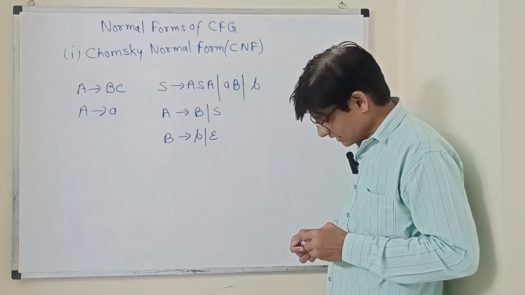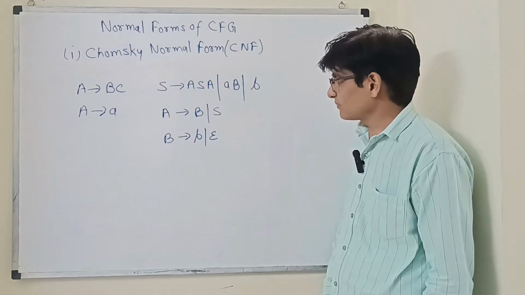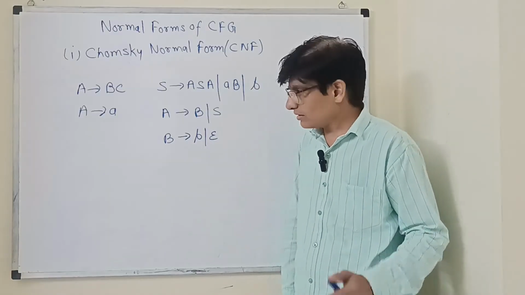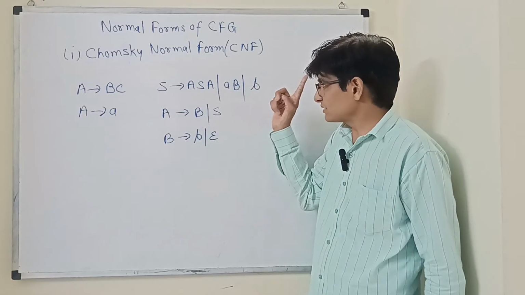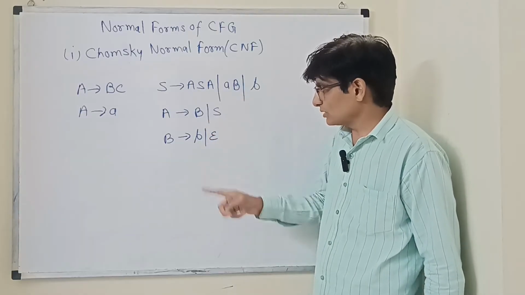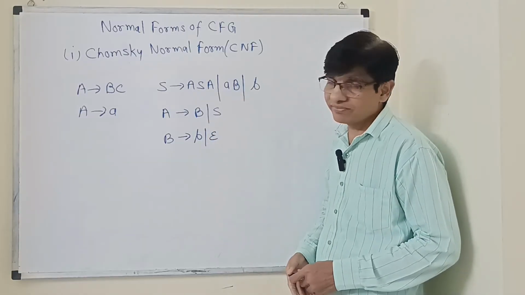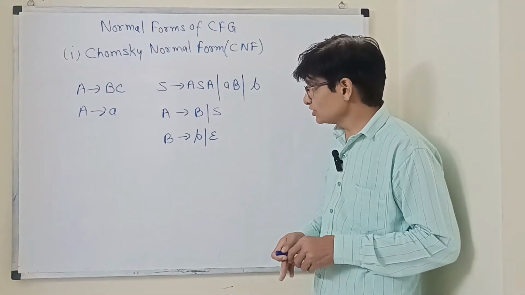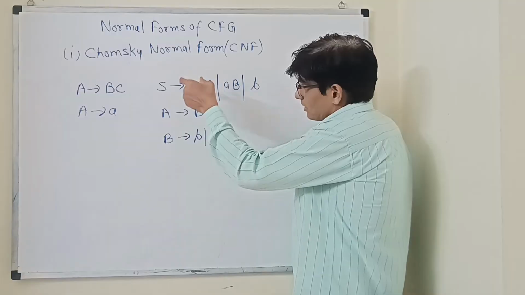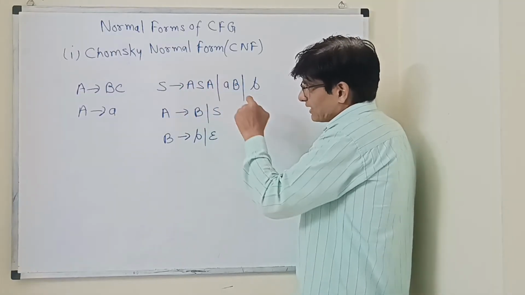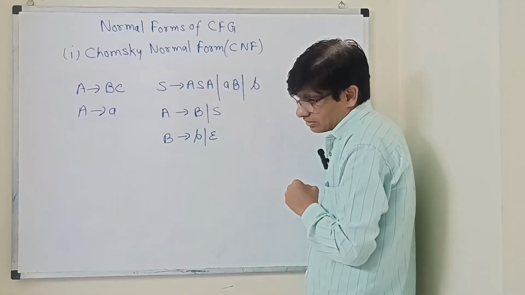So now we can start. First, the grammar is given to you. There are 3 plus 2 plus 2, 7 productions, and 3 variables. This production has three variables, which is not allowed in CNF.